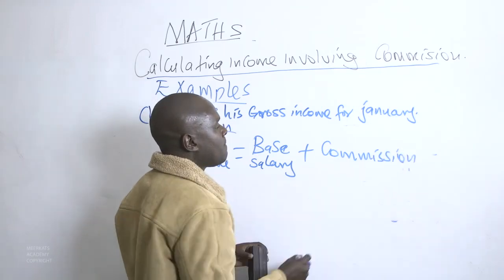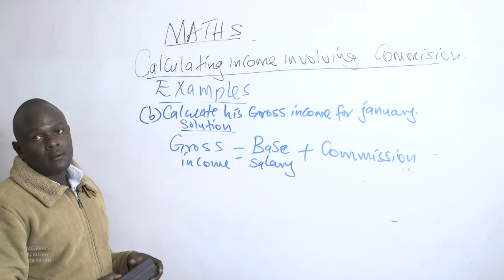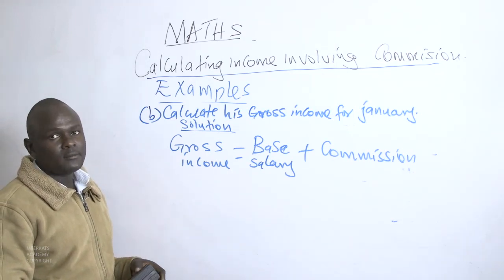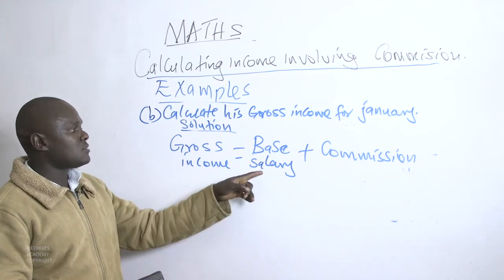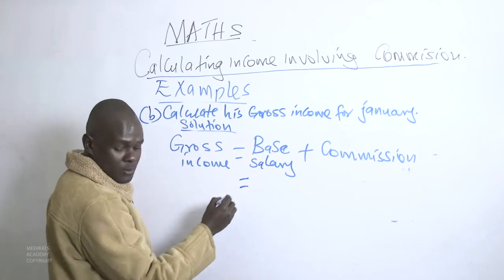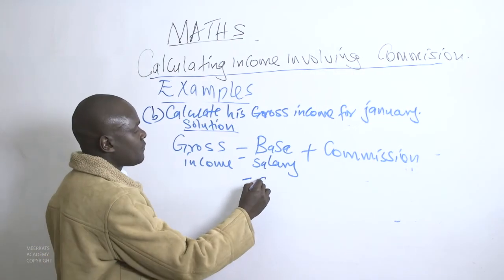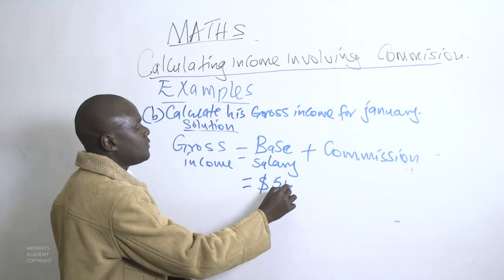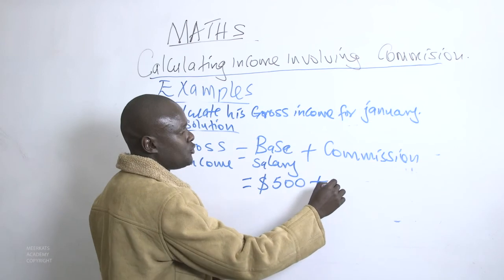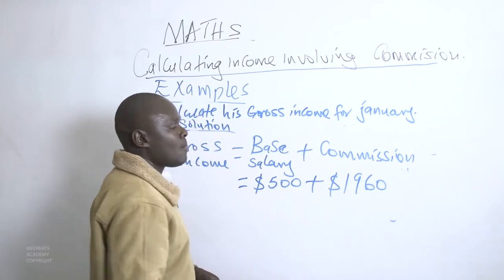Always remember that this base salary is the income to the salesperson, whether he or she makes sales or not. He or she must earn this. And the base salary, in this case, we were told is $500, whereas we have calculated the commission as $1,960.